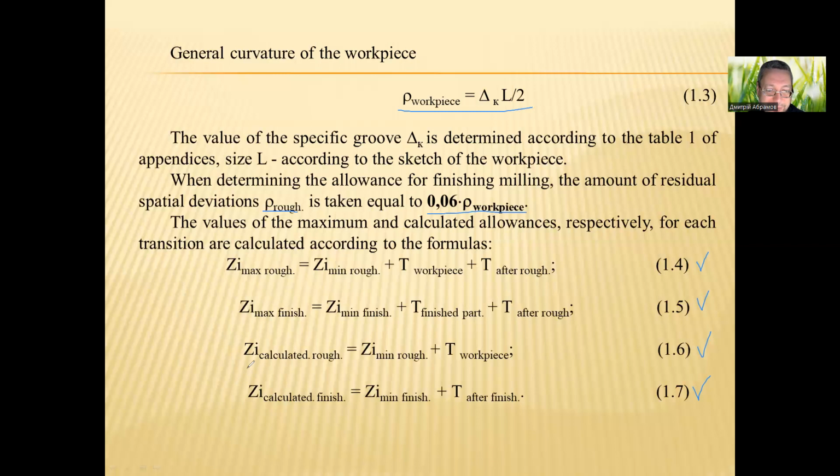Z i calculated finish is equal Z i minimum finish plus T after finish. Z is allowance, T is tolerance field. Write down to your notes all these formulas.